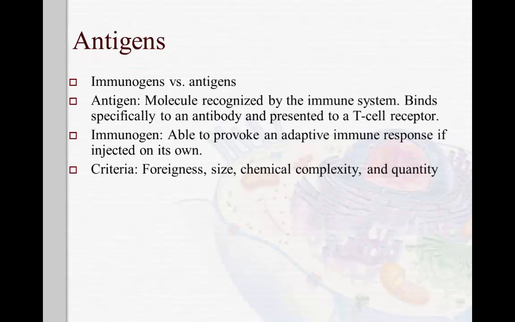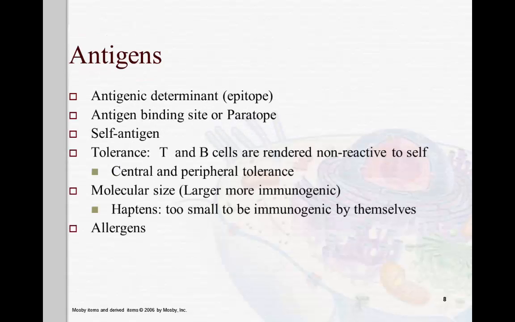Now, what is an epitope? An epitope is no more than an antigen binding site. So that portion of the antigen that is created for recognition is called epitope. And the binding site of the antibody with the antigen is the paratope. We talked about the self-antigen, that we do have self-antigen.